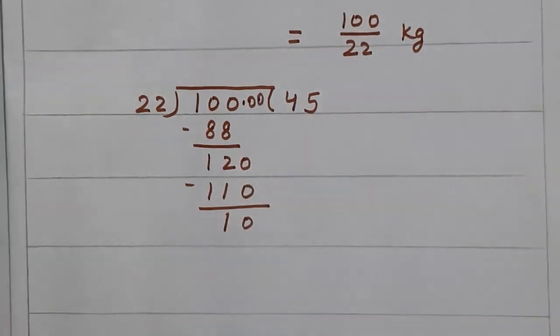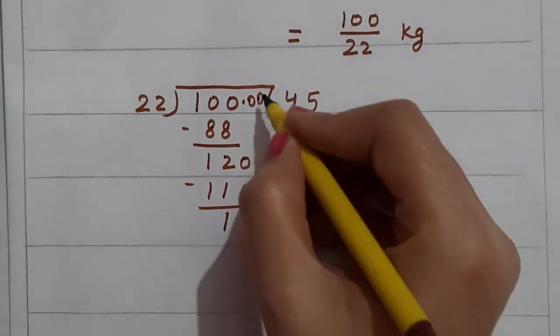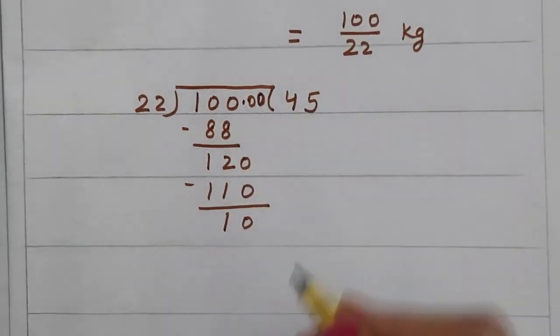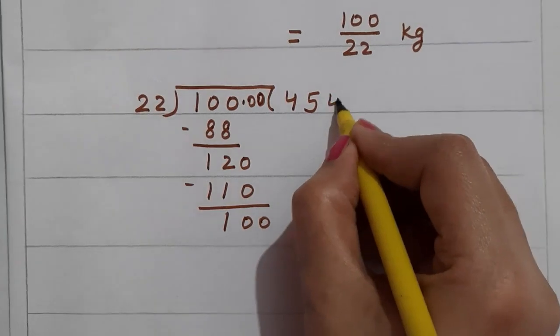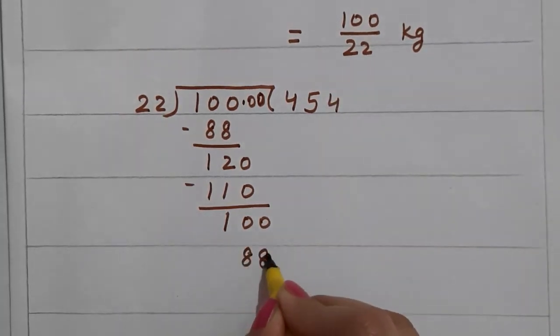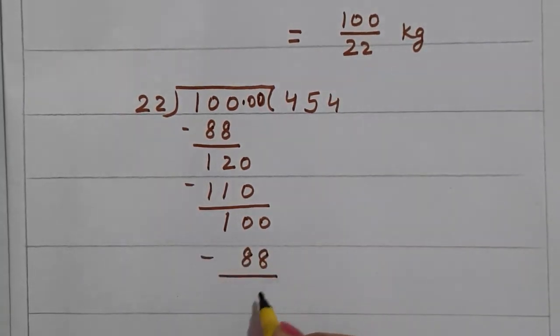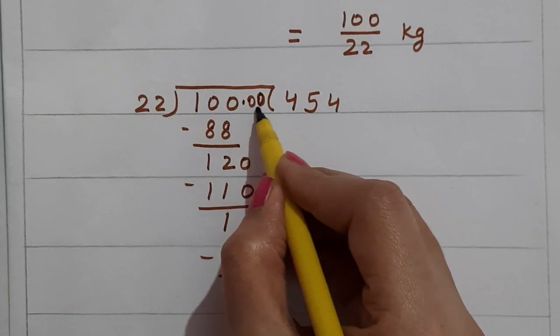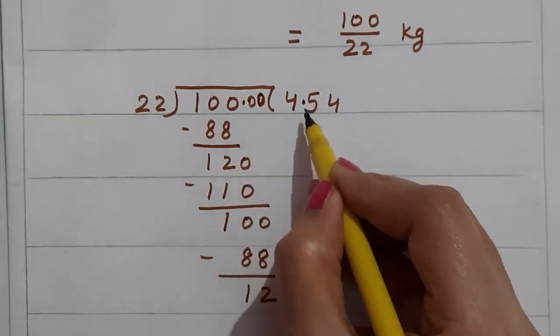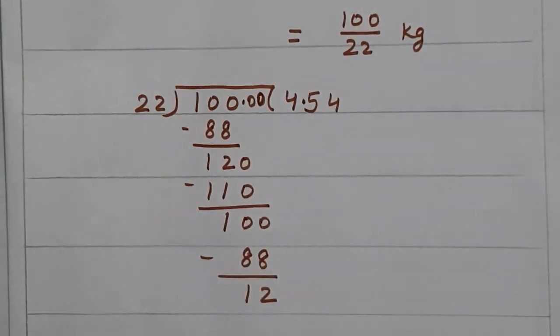If you are getting a remainder, at least calculate it up to 2 places of decimal. Okay, 22 fours are 88. Again 12 is left in the remainder. Now you can leave, because after the decimal, 2 digits, you can stop the process.